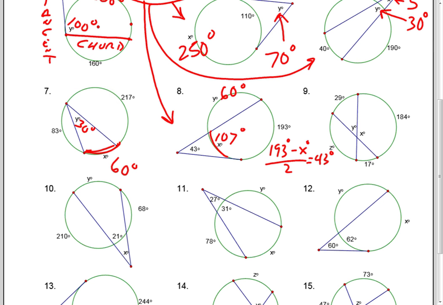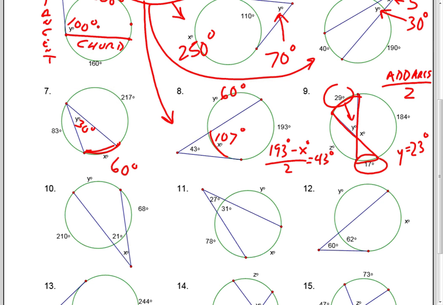Number 9 is our add arcs divided by 2. And I would look to this one first because I know the ends of the hourglass. I know those 2 arcs, so that will help me find the y to be 23.